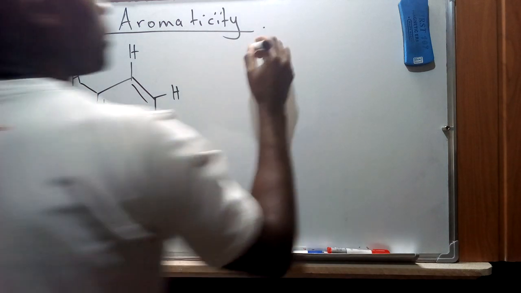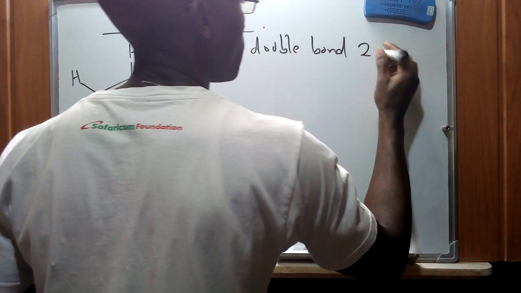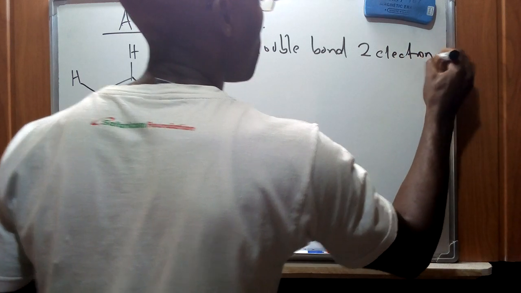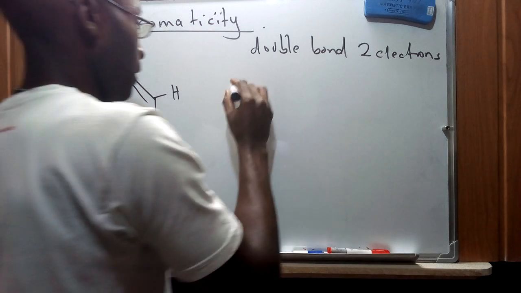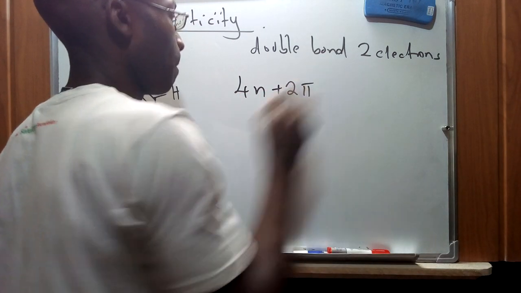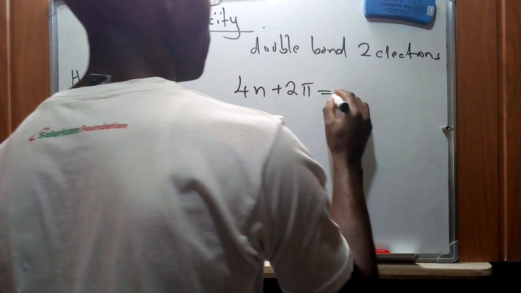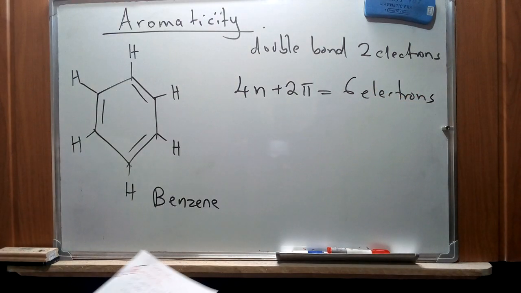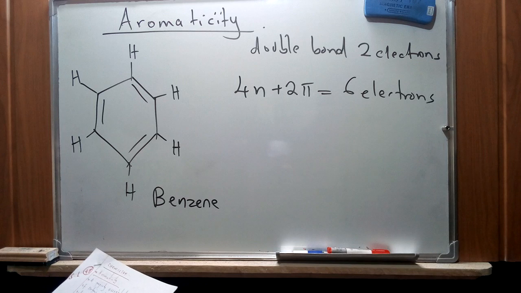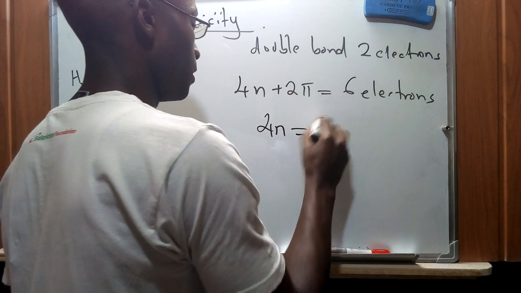So as we mentioned, the double bond is 2 electrons. So therefore, if the Hückel rule is 4n plus 2 pi, this is going to give us 6 electrons. So in order to find the value of n, we're going to have 4n equals 6 minus 2.